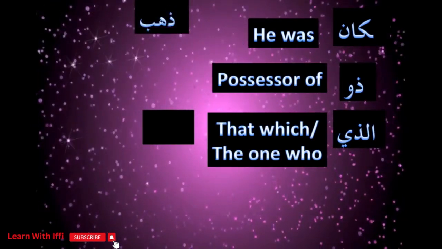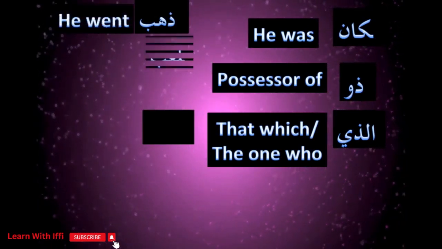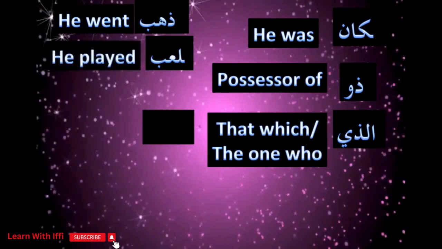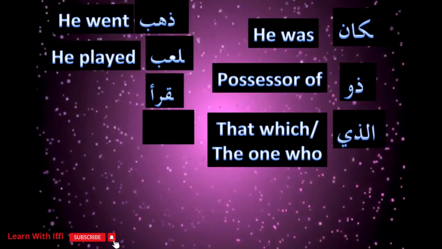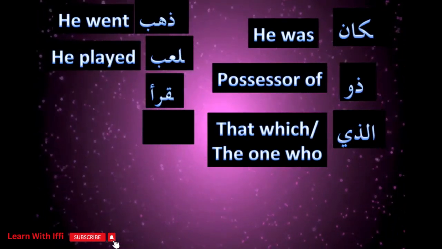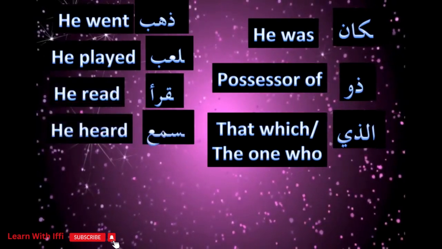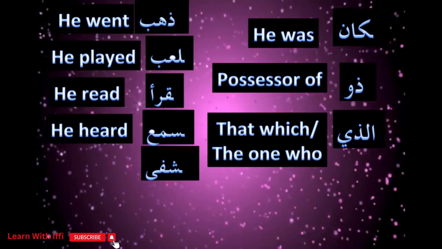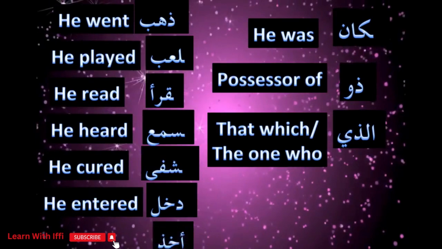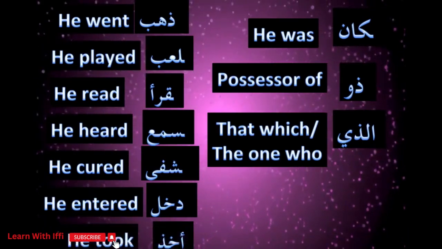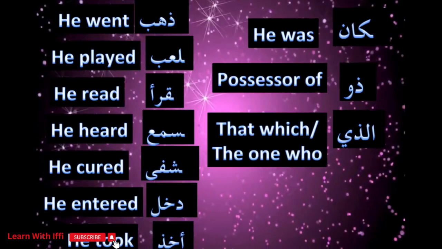The verbs we're going to use are dhahaba, he went, laiba, he played, qara'a yaqra'u, he read, sami'a yasma'u, he heard, shafa, he cured, dakhala, he entered, and akhaza, he took. You need to know the bab as well. So it's a brief summary of what we're going to cover in the chapter, inshallah.